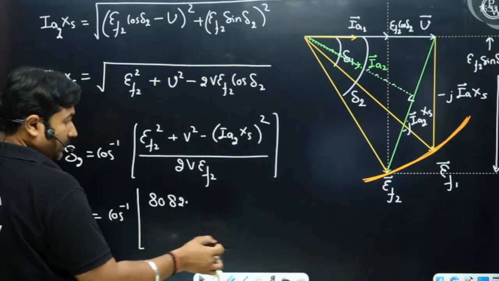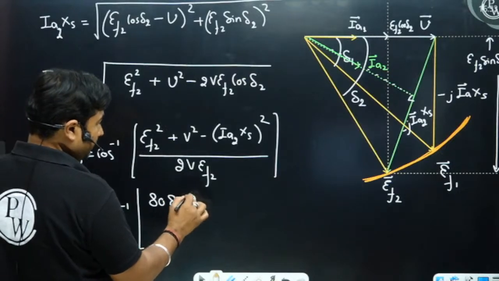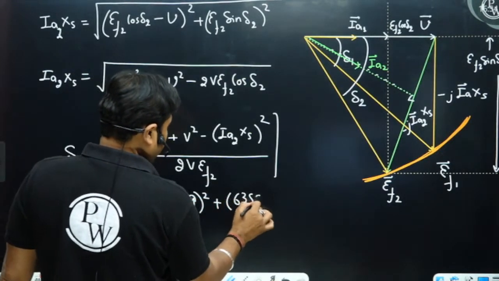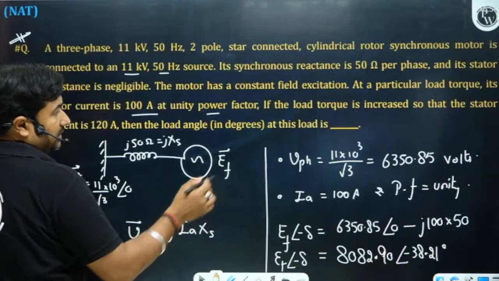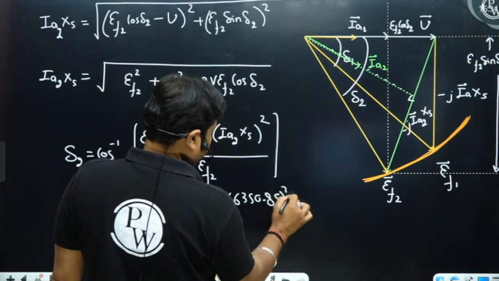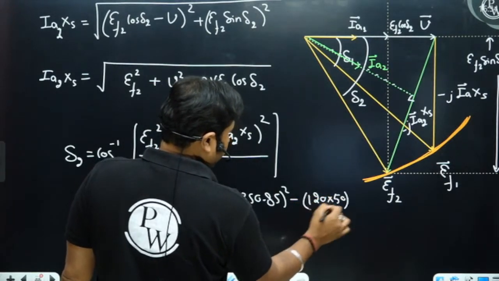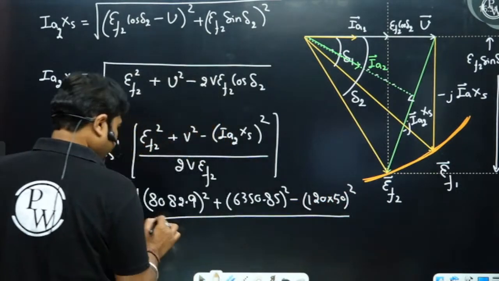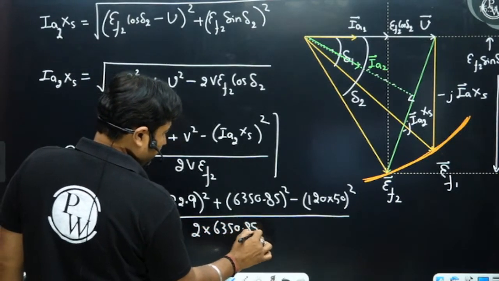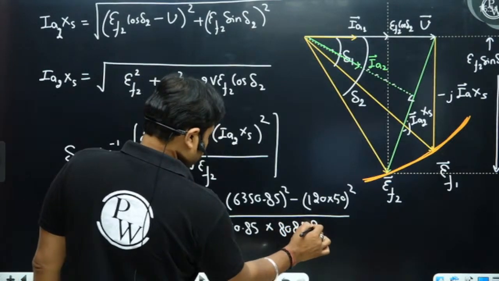I'm explaining you, otherwise you can directly put the values. V is 6350.85, minus of 120 into 50 square, divided by 2 into 6350.85 into 8082.